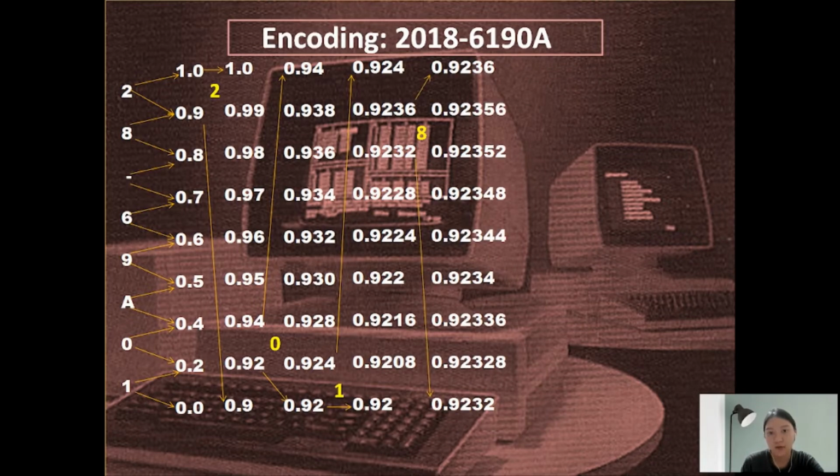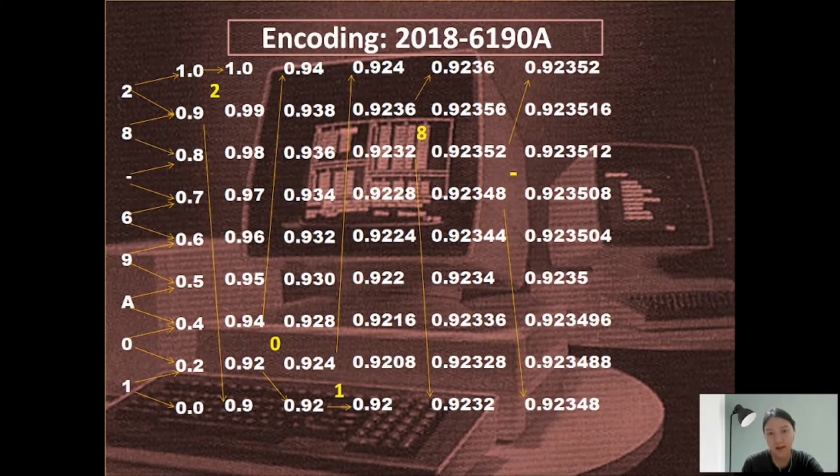Next is variable 8. The value of variable 8 ranges from 0.9232 to 0.9236. We're going to expand this, and the range here is 0.00004. Next, we encode the 6 at the range of 0.92348 up to 0.92352. Expanding these values, we eventually get the difference, which is 0.000004.